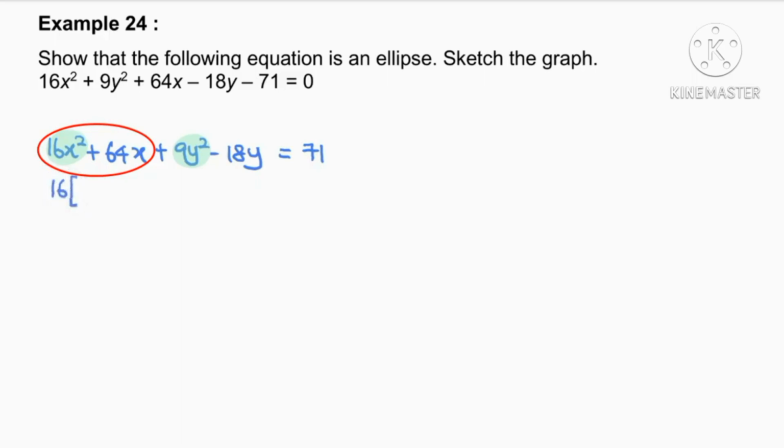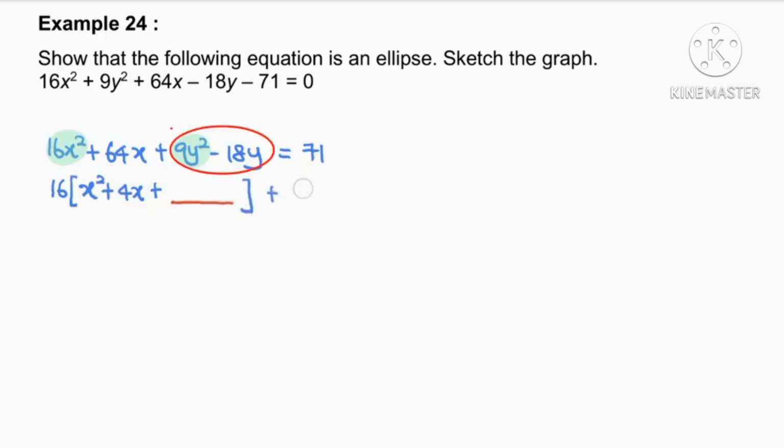So we have 16 in the bracket, x squared plus 4x plus some constant here. And over here we take out 9 in the bracket, y squared minus 2y plus some constant here, equal to 71.